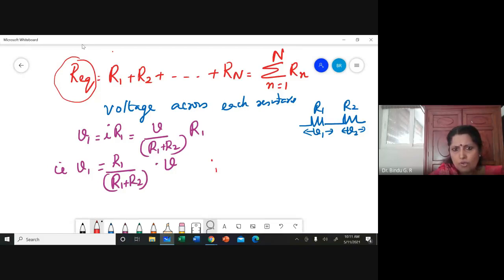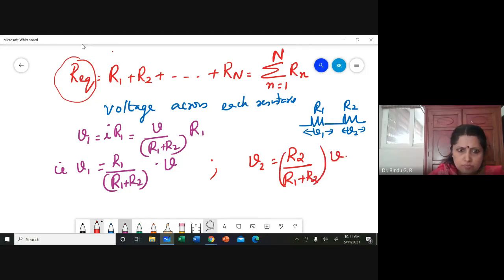Similarly, I can also write V2 is equal to R2 by R1 plus R2 into V. One main thing that you have to remember is when resistors are connected in series, the voltage division is proportional to the value of the resistance.